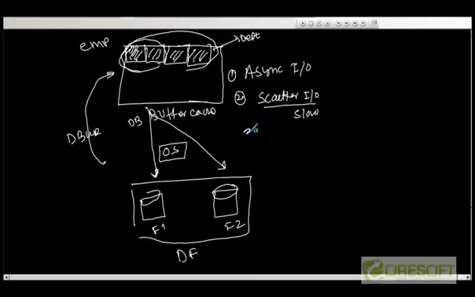The third point is that you can configure multiple DB writers to make it parallel and faster, especially if you have a large database buffer cache. They are called DBWR 0, DBWR 1, and so on. If I remember correctly, you can go up to 36.